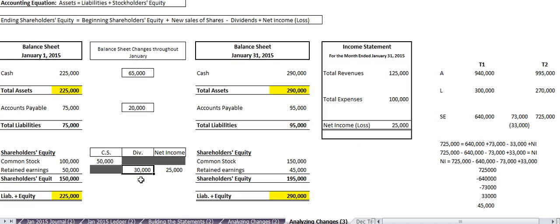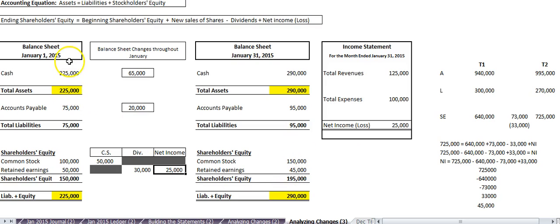And dividends over here will decrease retained earnings, even though I have it as a plus here. In this formula I subtracted, and net income rolls over and increases retained earnings, which increases shareholders' equity overall, right? And if it's a net loss, then it'll decrease retained earnings overall.